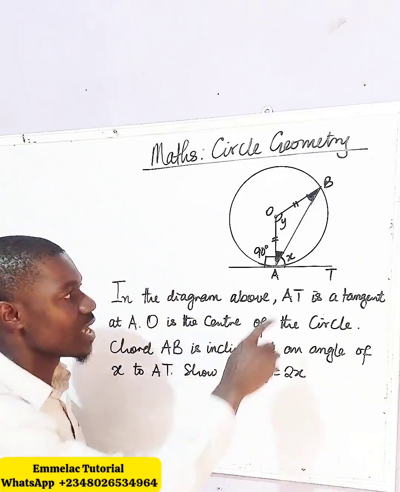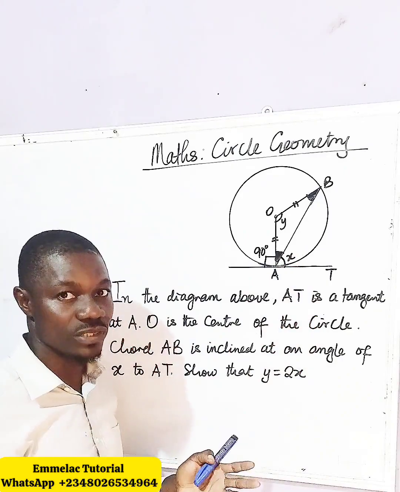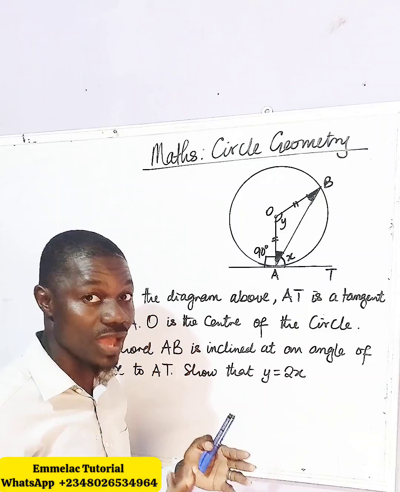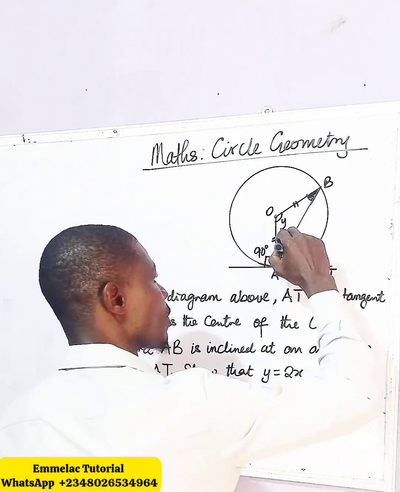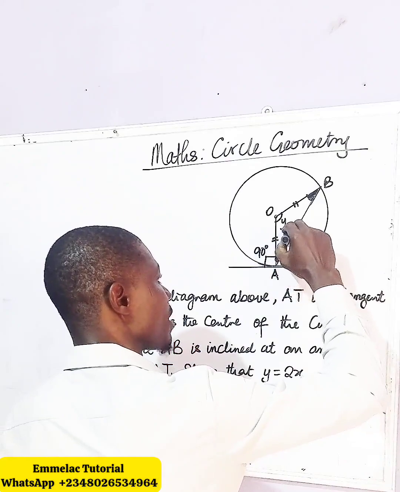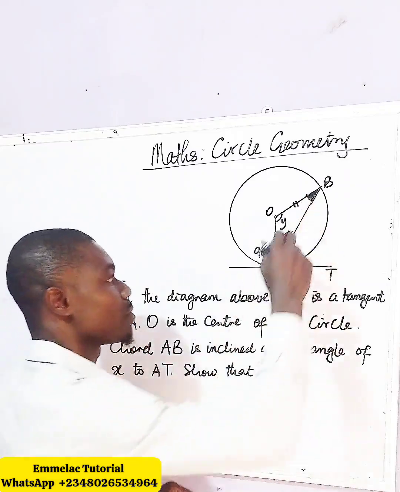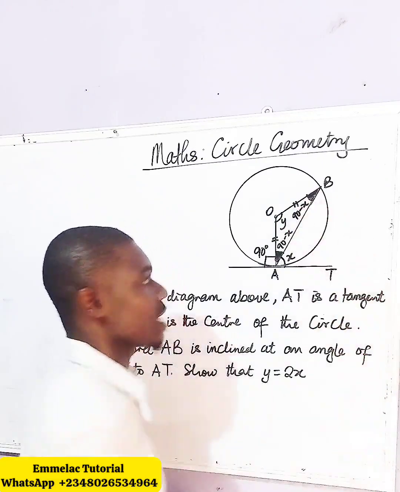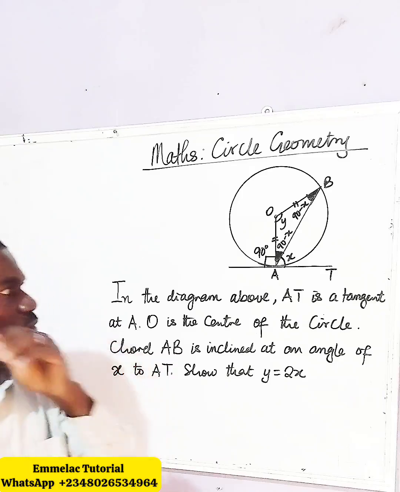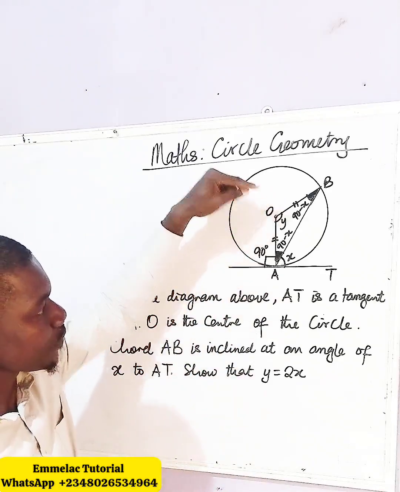Here is x already, and if we take x away from 90, we have 90 minus x. So this part becomes 90 minus x, and if this angle is the same as this angle, then here also is 90 minus x.